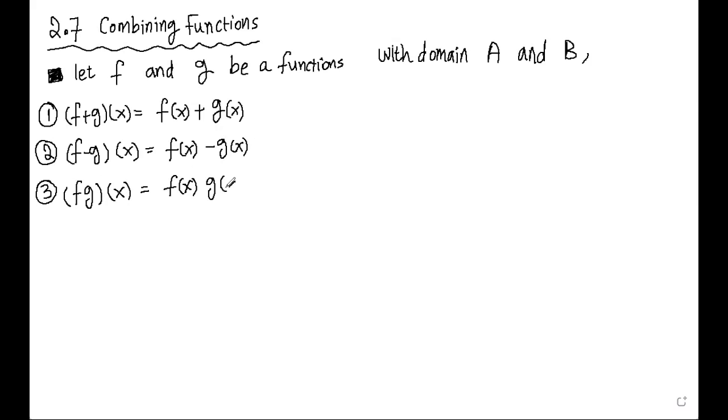And number four, the quotient, (f quotient g)(x) is equal to f(x) over g(x). And this is similar to f(x) times 1 over g(x).